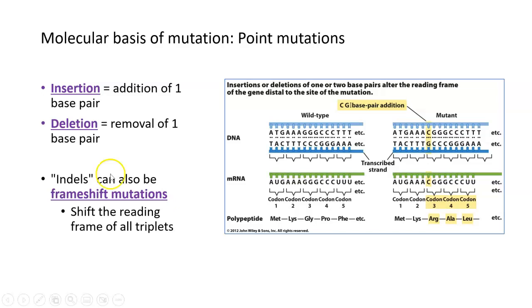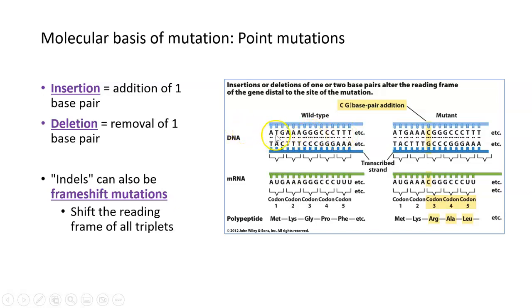When your genes are being read and translated into proteins, they have what's called a reading frame, where the enzymes read from the beginning to the end. They recognize a start codon, ATG, and then read the next triplet, AAA, the next triplet, GGG, CCC, TTT, and so on.